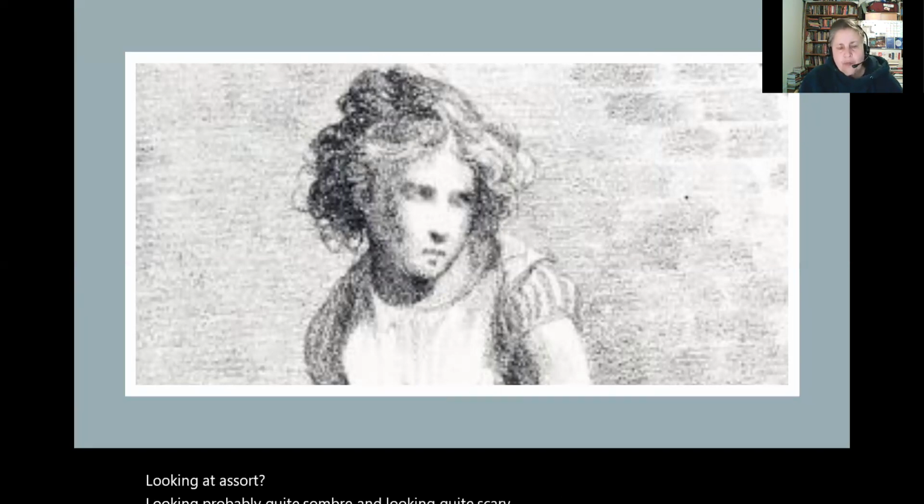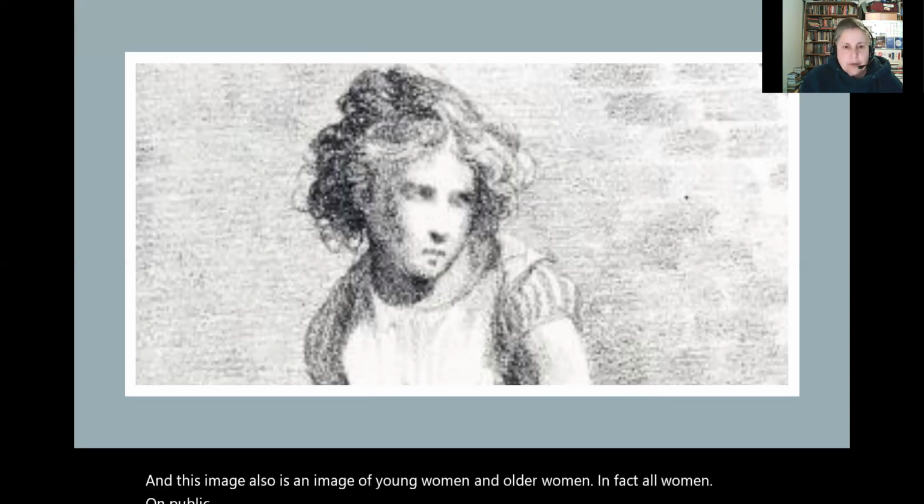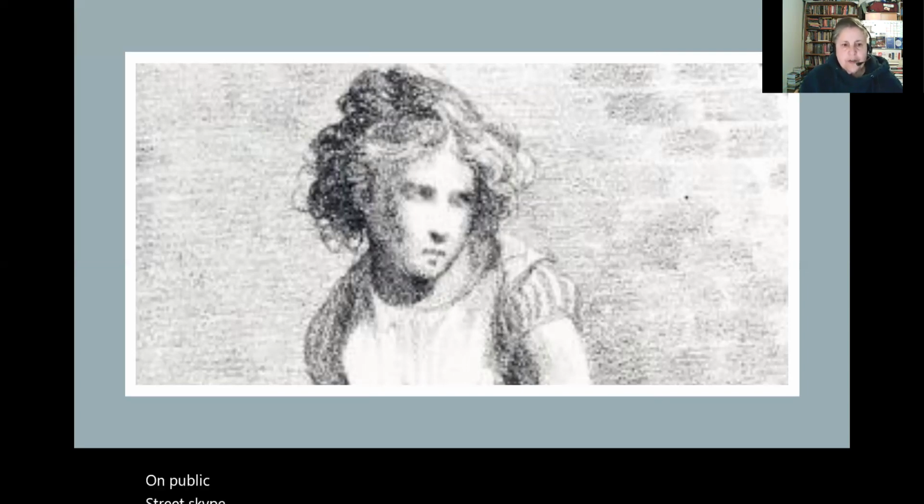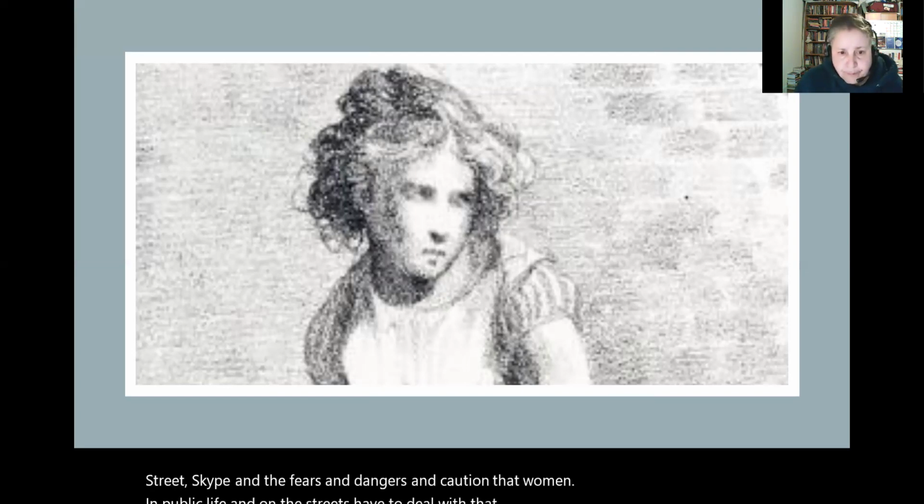So that's what she would have seen. And, you know, this image also is an image of young women and older women, in fact, all women, on a public streetscape, and the fears and dangers and caution that women in public life and on the streets have to deal with, and that's still with us today.